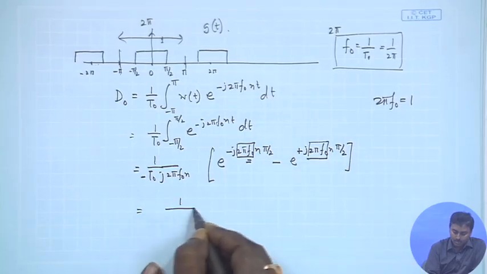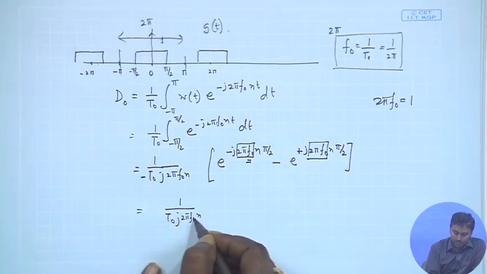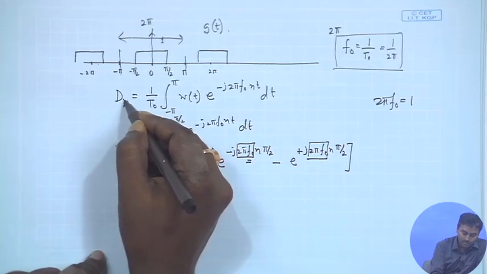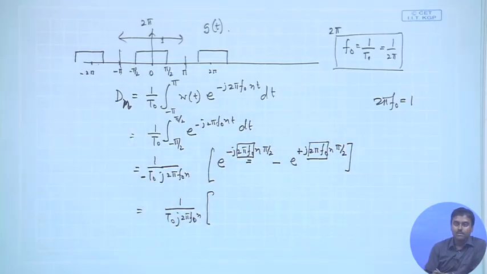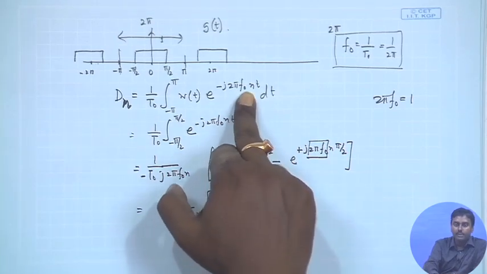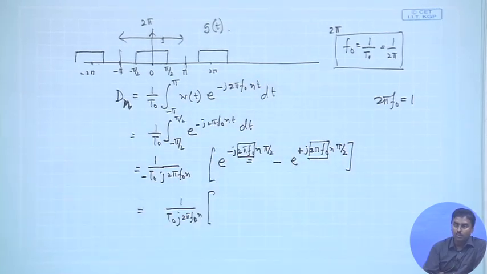Okay. So 1 by T0. Wait a second, what do I do? Oh, I am evaluating Dn actually, because at D0 it should be already n equal to 0. So it becomes just 1.